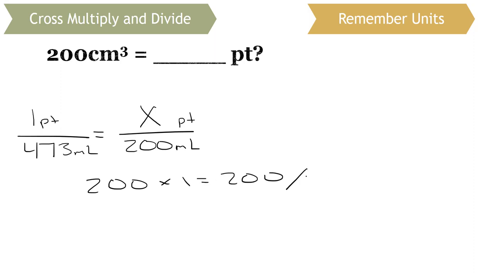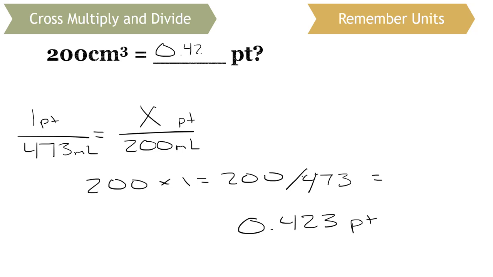Divide by 473. And that's going to give us a really funky decimal. It's 0.423 pints. So 200 cubic centimeters, or 200 milliliters, is equal to 0.423 pints.